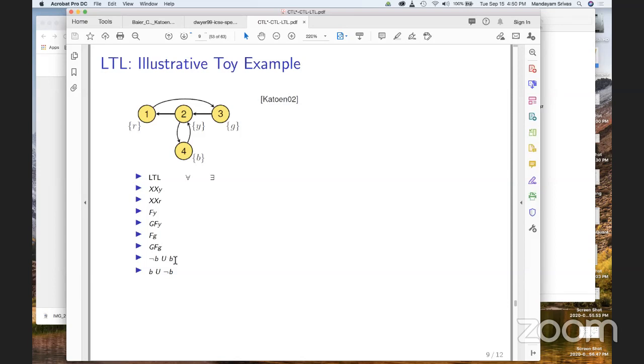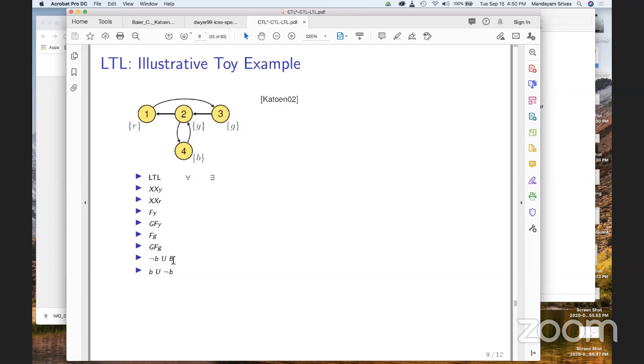If B doesn't hold, not B will obviously be true. So basically it's saying eventually B has to be true. This is another way of saying B eventually has to be true. The person who just spoke said that B has to be true exactly once or something like that, which is not true.